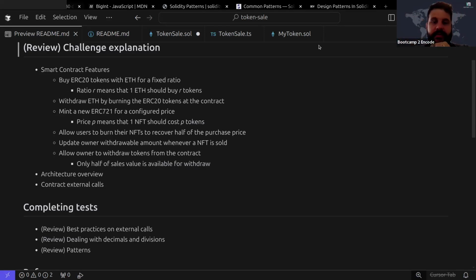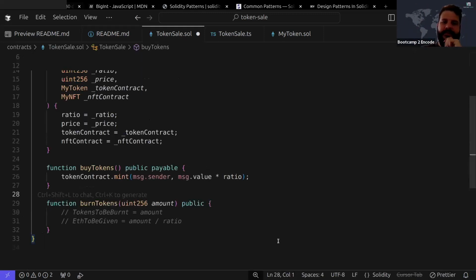With the ratio, you never know. If the ratio is 17, for example, you're going to have a lot of weird numbers, and then you can lose those by truncation. Okay. In the worst case scenario, imagine that the ratio is 10, and I'm going to burn 9 decimals of these tokens.